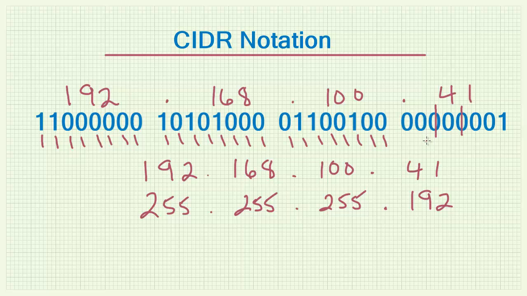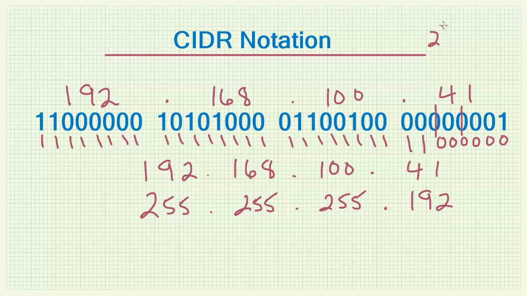So if we add 128 and 64 together, there's our 192, and then we just represent the remaining 6 bits with zeros. And those 6 zeros represent the fact that in this addressing scenario, we've got 6 bits that remain for host addressing. How many hosts could we have?